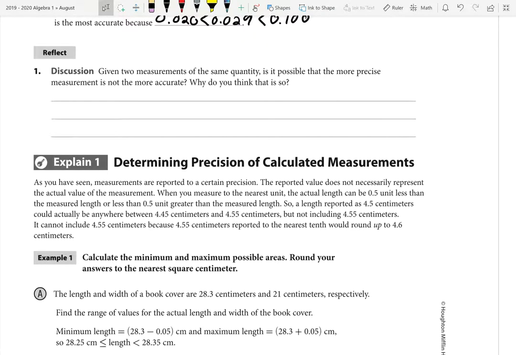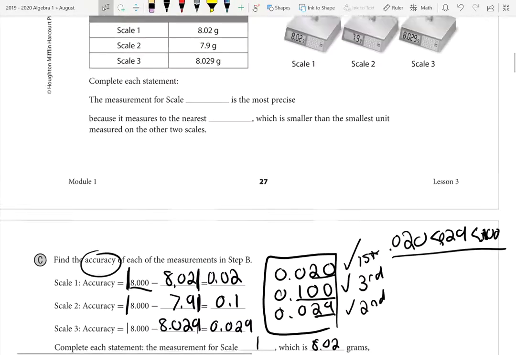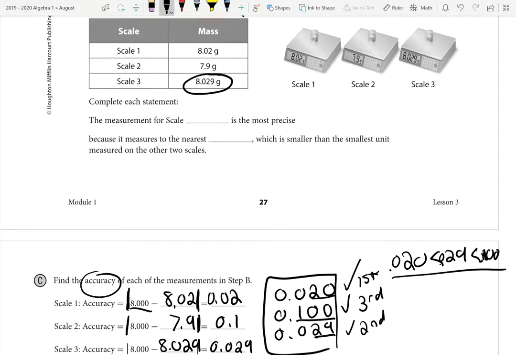So discussion. Given two measurements of the same quantity, is it possible that the more precise measurement is not the more accurate? And that is, yes, it's possible. And we just talked about that because the more precise measurement was scale 3 because it went to a third decimal place.